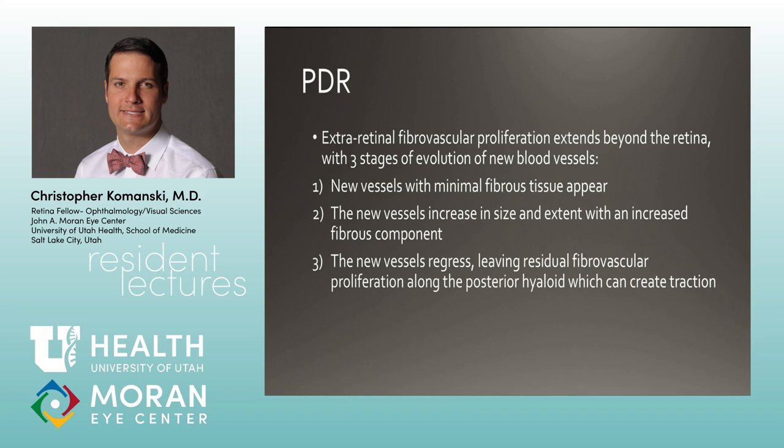And when we're saying fibrous tissue, we're saying not red, it's white, it's scar. In the second stage, the new vessels increase in size and there's an increase in the fibrous component. And then in the third stage, the vessels regress, leaving residual fibrovascular proliferation along the posterior hyaloid, and that can create traction, leading to detachment of the retina.